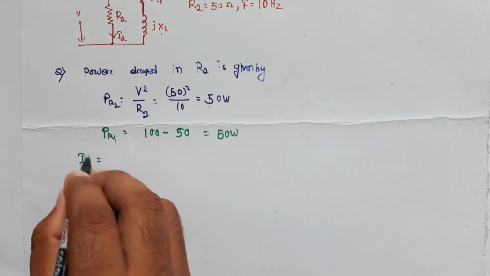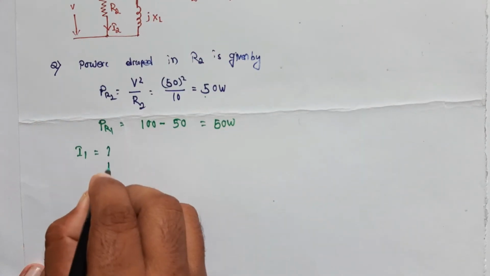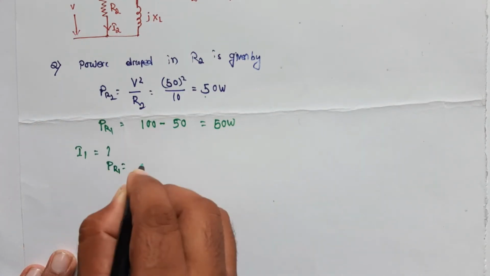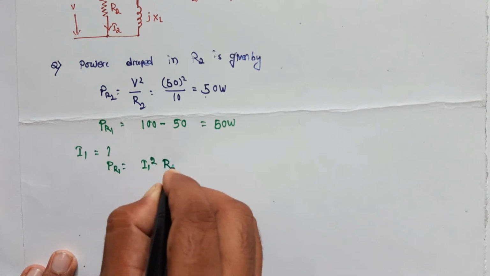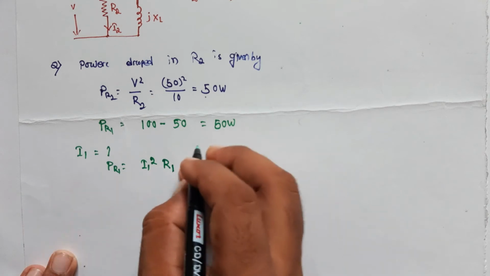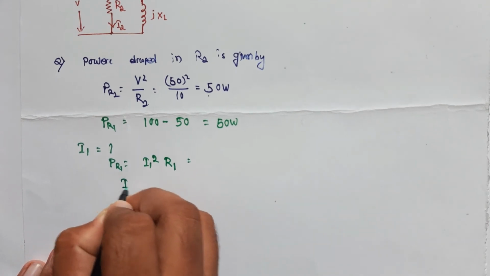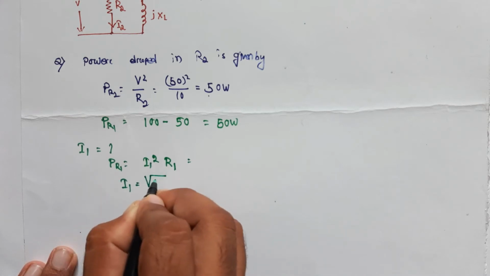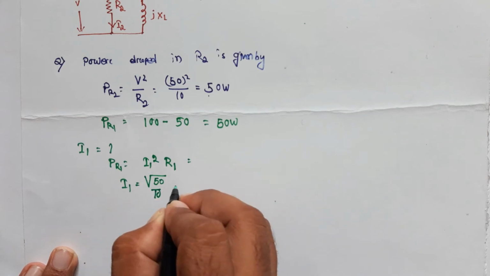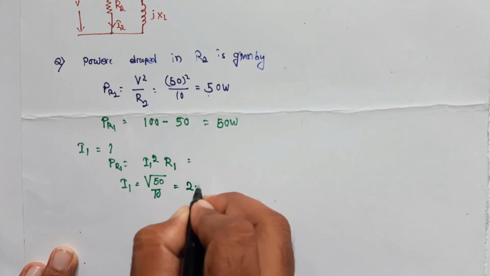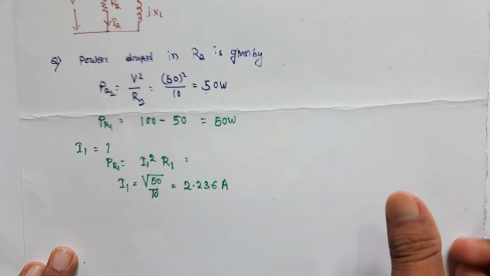For finding I1, we know that PR1 equals I1 square into R1. From this we can write I1 equal to the square root of 50 divided by 10, so this is equal to 2.236 ampere.